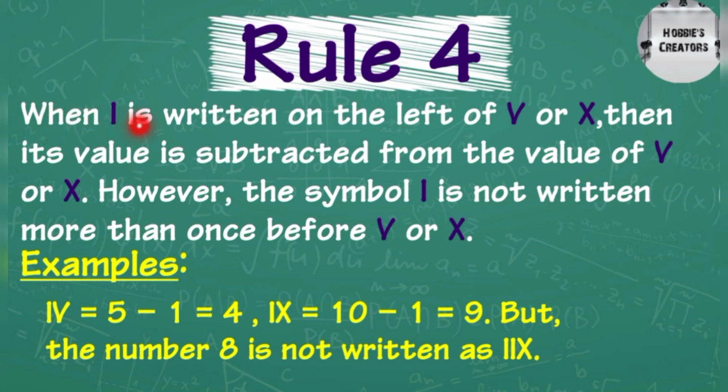When I is written on the left side of V or X, then its value is subtracted. So keep in mind, I will give you a clue: if it is written on the right side, then we will add; if it is written on the left side, then we will subtract from the value of V or X. However, listen carefully here, the symbol I is not written more than once before V or X. So what I am saying is that the symbol I is not written to the left side more than once.